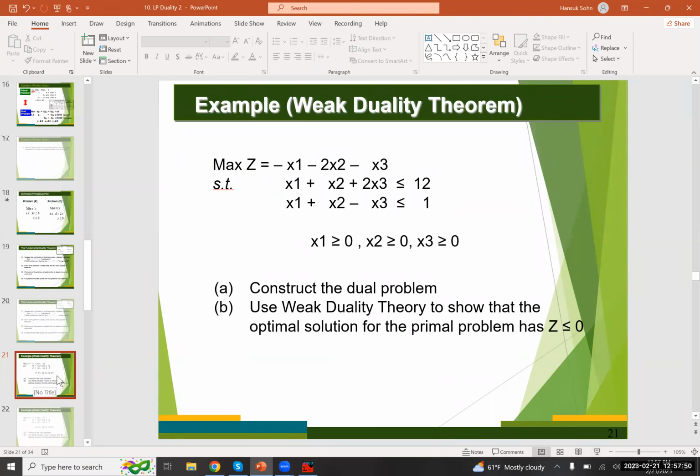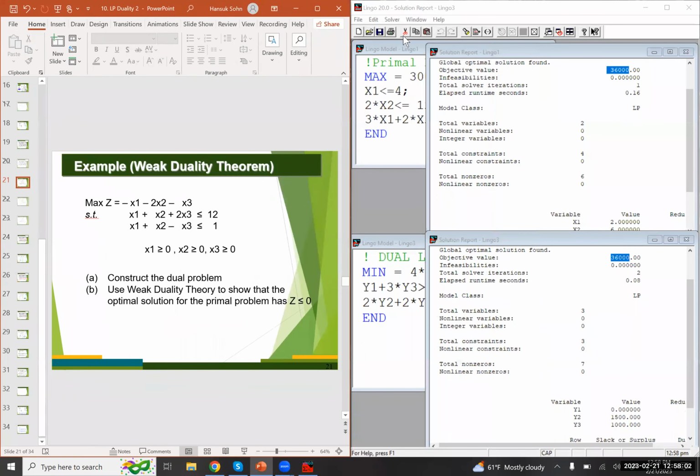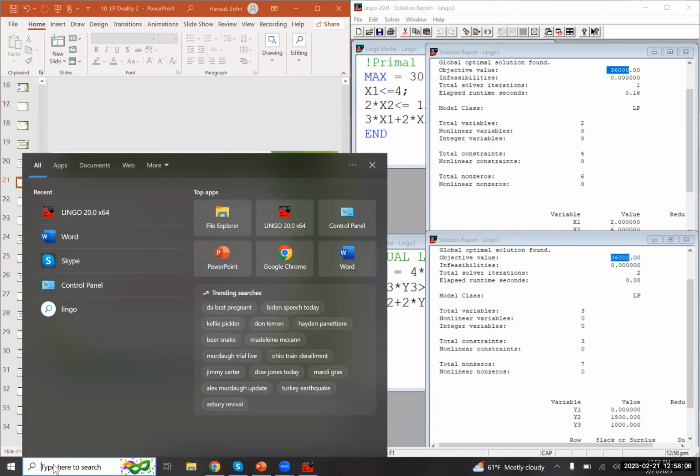So let me split the window again in half. And this time I'm going to open Microsoft Word.